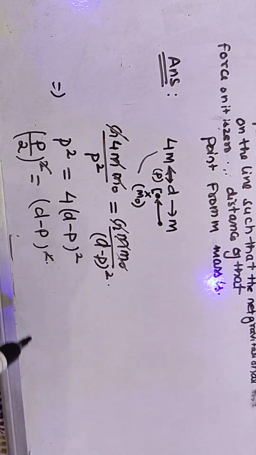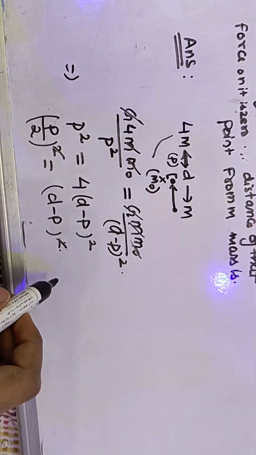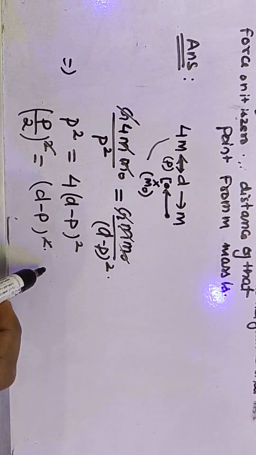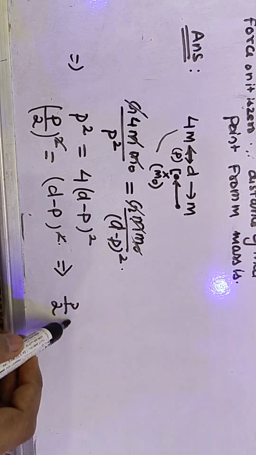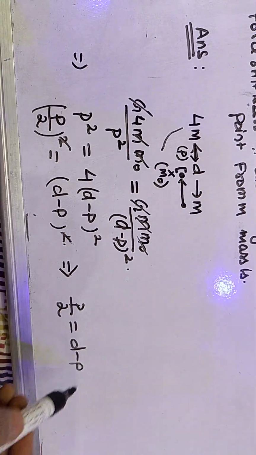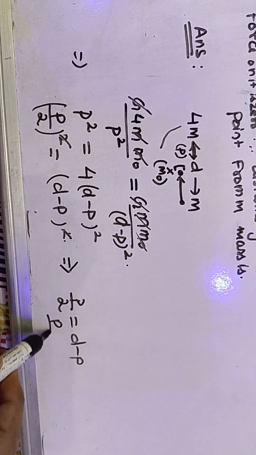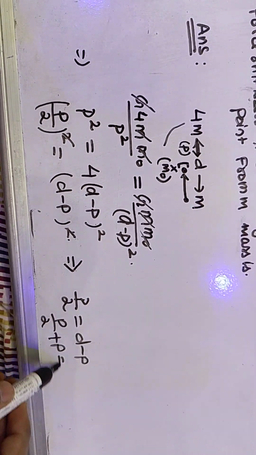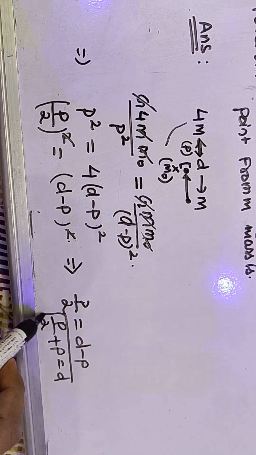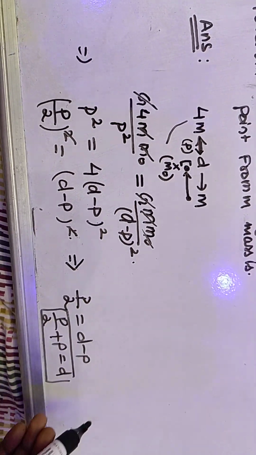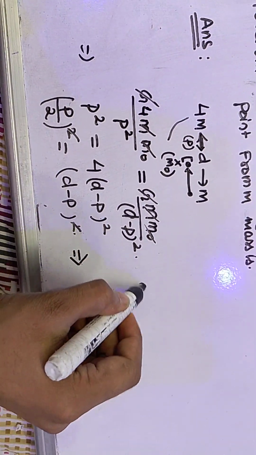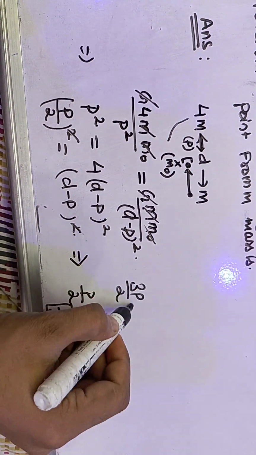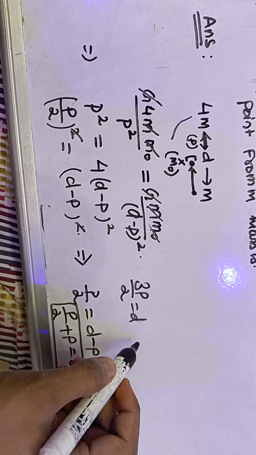We'll cancel out the whole square and say p by 2 is equal to d minus p. So p by 2 plus p is equal to d, so 3p by 2 is equal to d.